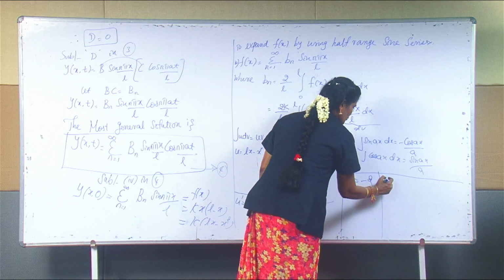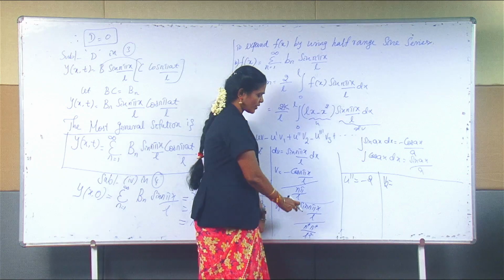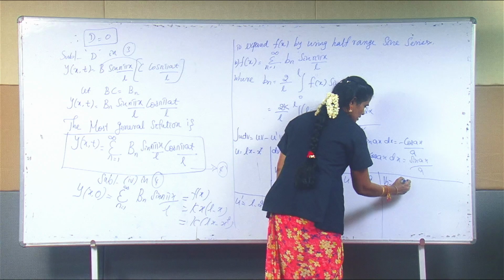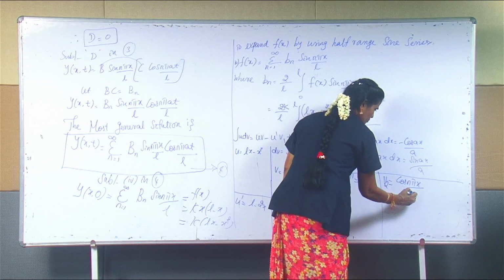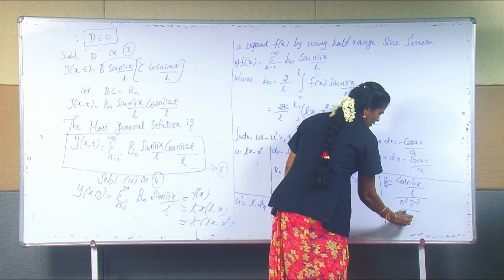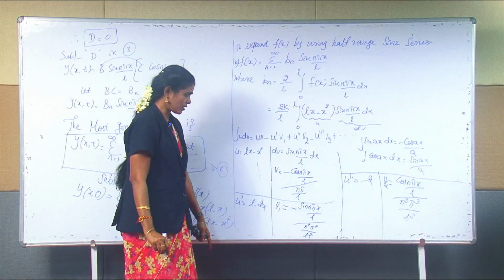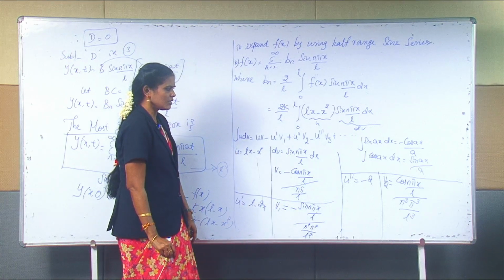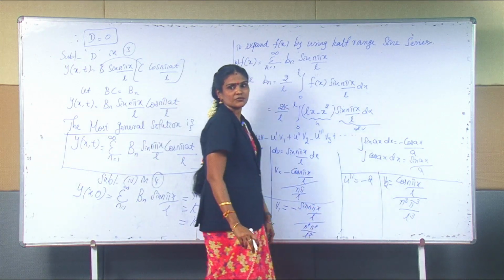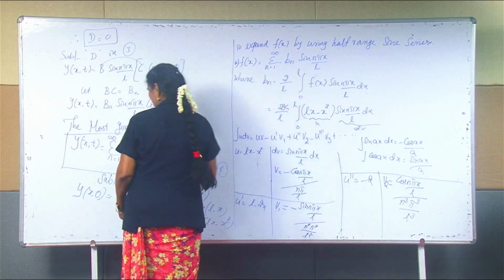Integration of v1 is v2: the integral of sin is minus cos, and since you already have a minus symbol, it becomes plus cos n pi x by L divided by n cube pi cube by L cube, because you get n pi by L again with the earlier n square pi square by L square. If you differentiate u double dash, you will get 0, so you have to consider up to this one. Now substitute all the values here.